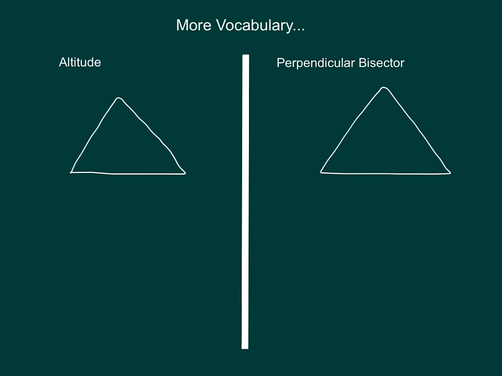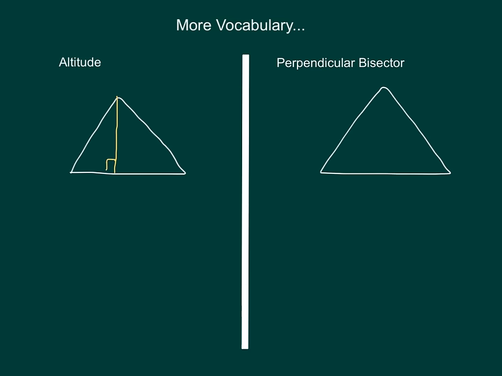Okay, so here's some more vocabulary. We have the altitude and the perpendicular bisector. When we talk about the altitude, it tells me that we can draw a line straight down from the vertex, and that's going to make a right angle.